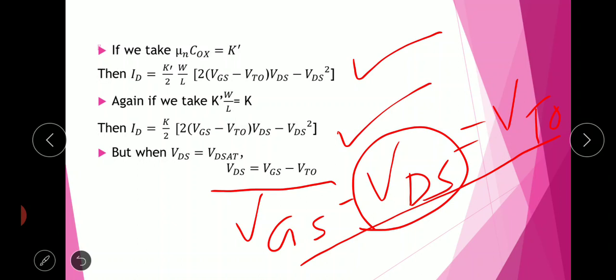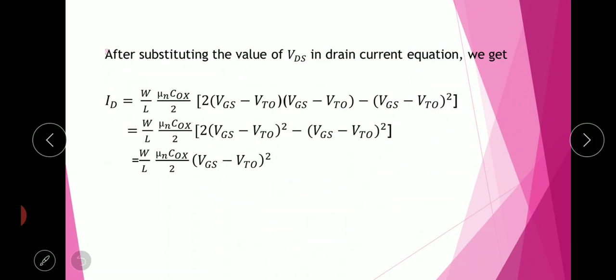As we get the value of VDS, we substitute this value in the above drain current equation in linear region. After substituting the value and simplifying the equation, we get the resultant, means final equation for drain current in saturation region.